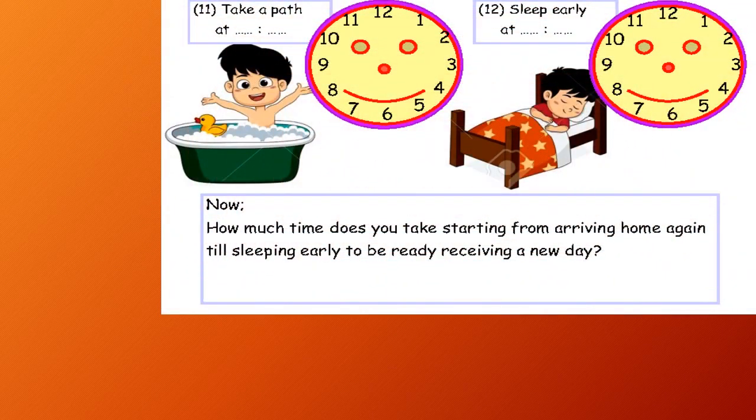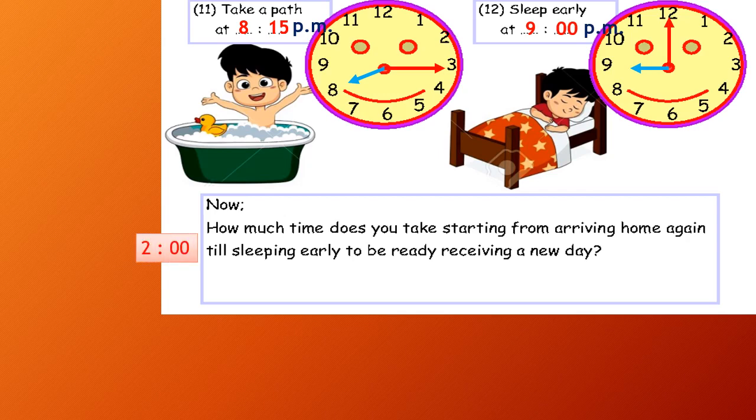We take our bath at 8:15 p.m.: short hand on 8, long hand on the minute number 15. Sleep early at 9 o'clock p.m.: short hand on 9, long hand on 12.